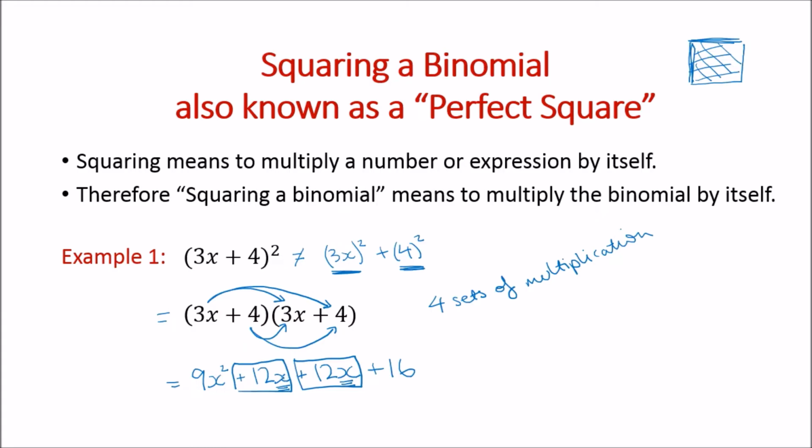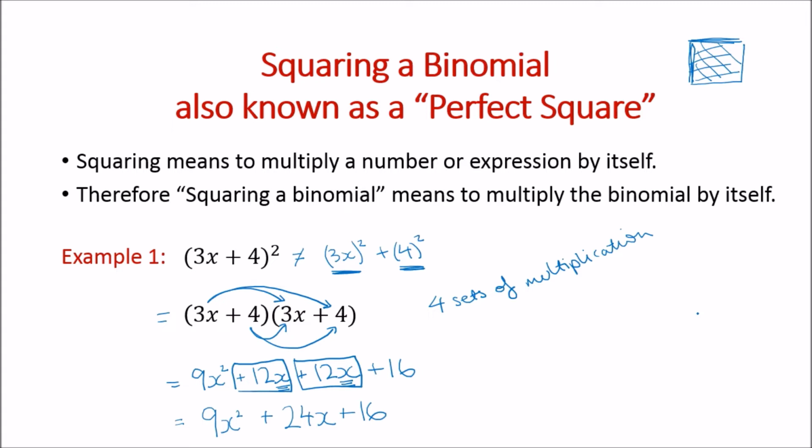Again, those aren't like terms, so we can't put those two together, but we can put those two lots of 12x together. So we end up getting an expression that looks like this: 9x squared plus, now 12x plus 12x is 24x. And then we have 16 sitting on the end here. So this is what I would call the long way of finding out what the perfect square is. So the long way of expanding a binomial that's been squared.